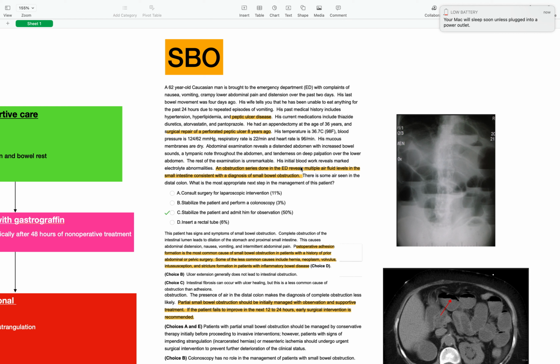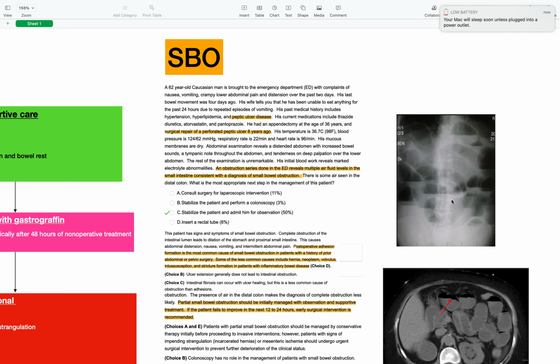His initial blood work reveals marked electrolyte abnormalities. An obstruction series done in the ED reveals multiple air fluid levels in the small intestine, consistent with the diagnosis of small bowel obstruction. There is some air seen in the distal colon. What is the most appropriate next step in the management of this patient?